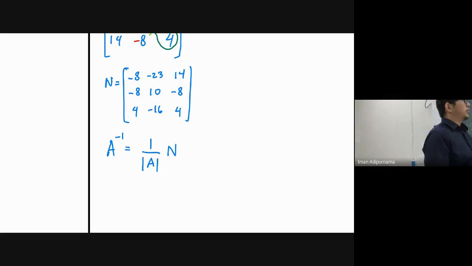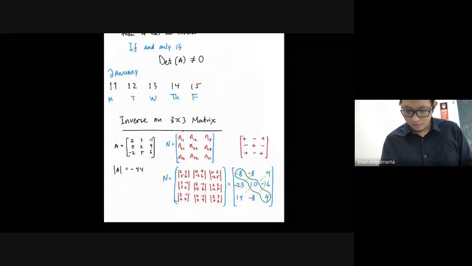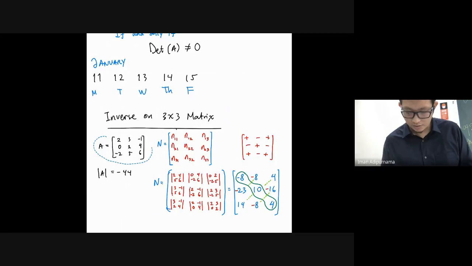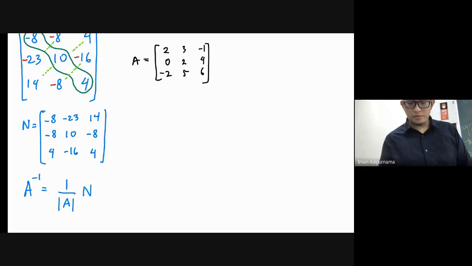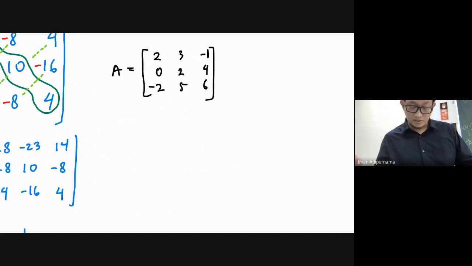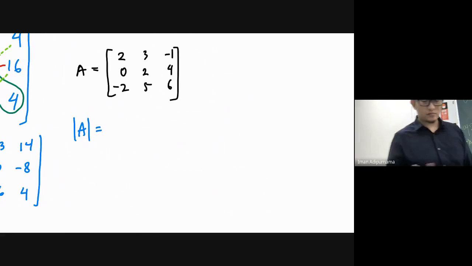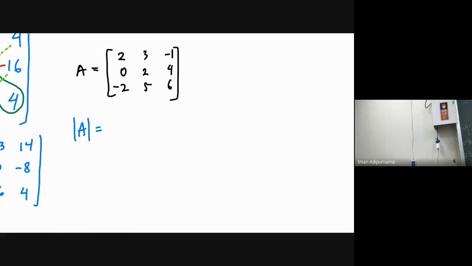And then also another way to evaluate the determinant. Let me move the matrix A, let me copy it to the new page. Another way to calculate the determinant is adding another column, adding this first and second.